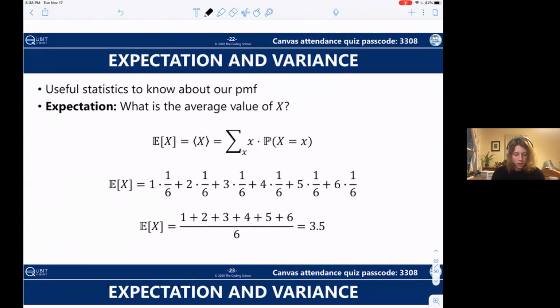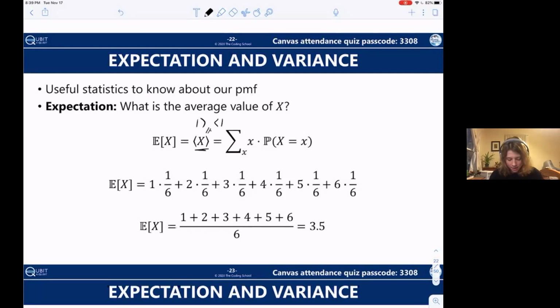The expectation of x is often described with these angle brackets. This is not the same thing as when we have these bras and these kets. This is an expectation value, so don't confuse it with the bra-ket.